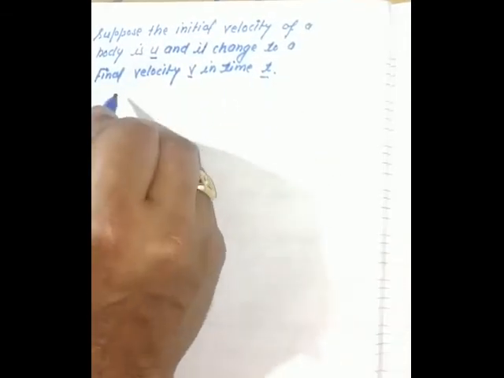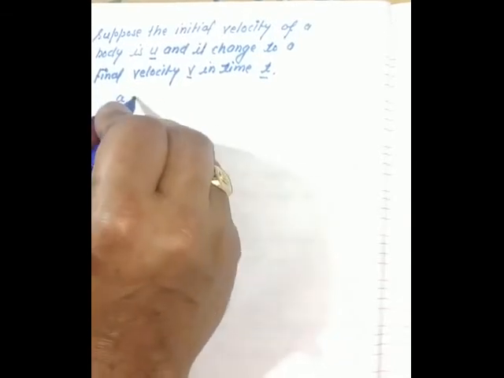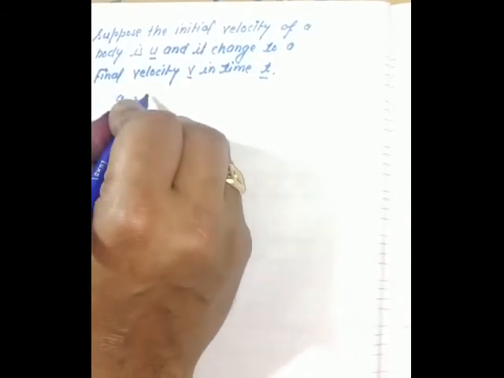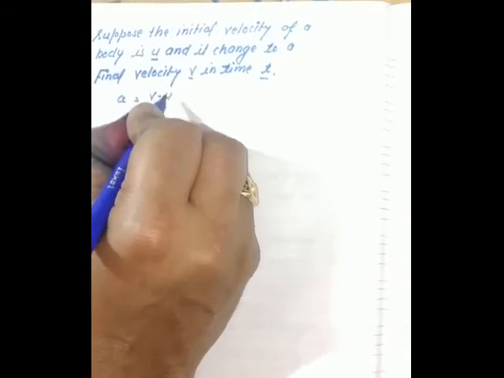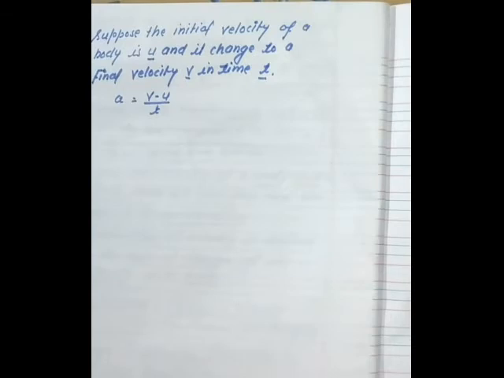Then we can write acceleration, represented by a, equals v minus u upon t.